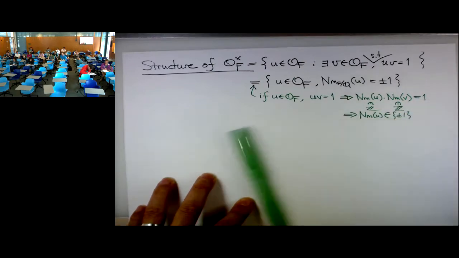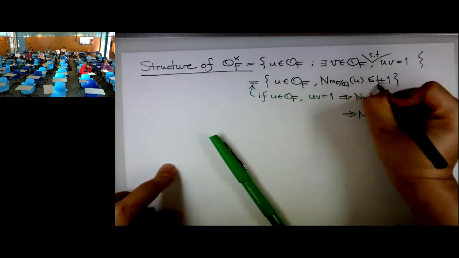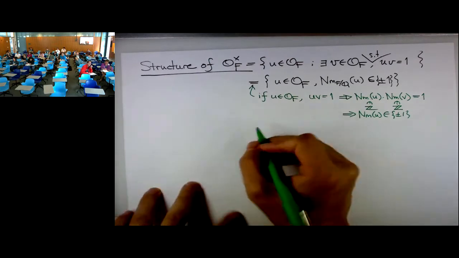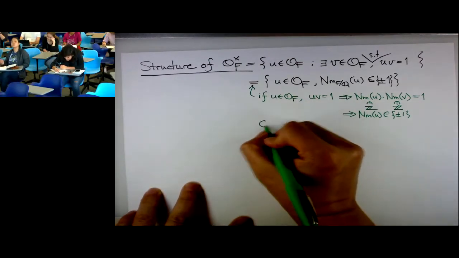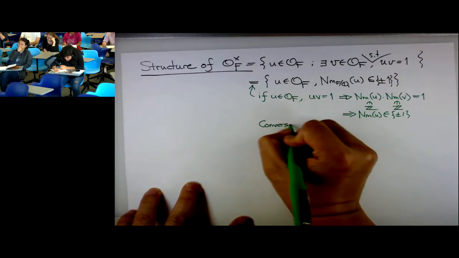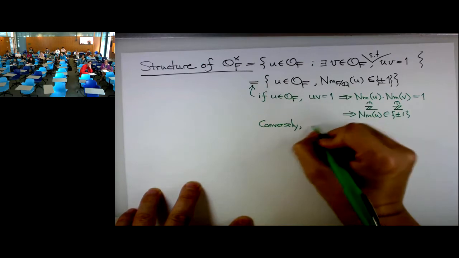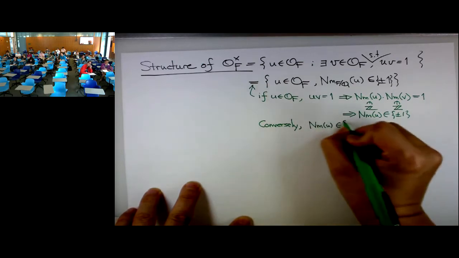Oh, sorry, this is really terrible writing. Why did I write this? A number cannot be equal to both 1 and negative 1. Okay? So conversely, you can sort of do the same thing. Anyway, so conversely, what you want to do is you want to know that the norm of u is plus or minus 1.